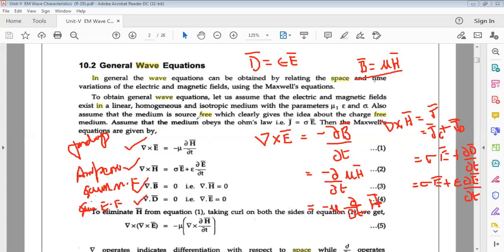When we consider free space, a source-free, charge-free medium, rho V is equal to 0, and the conductivity is also 0.